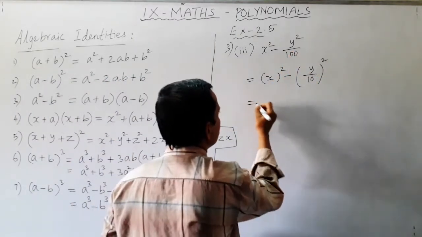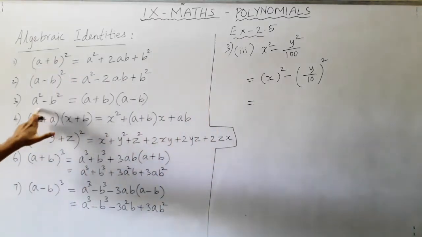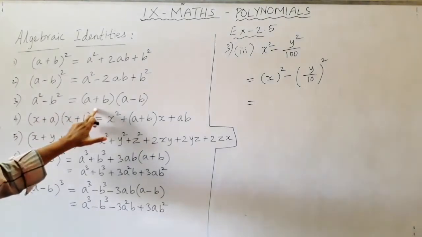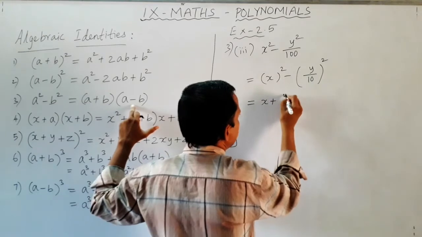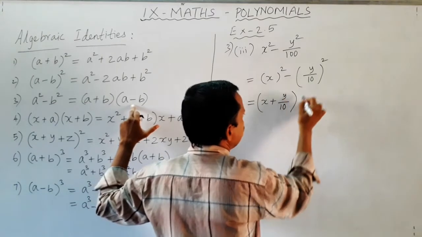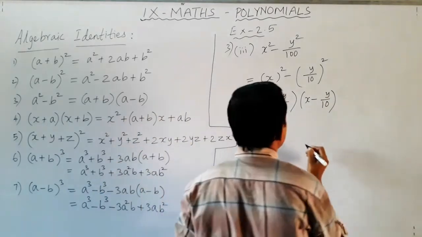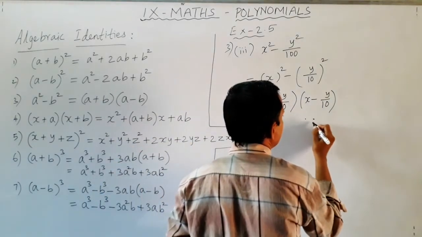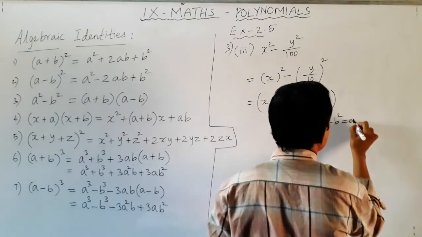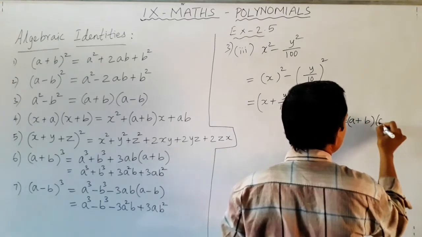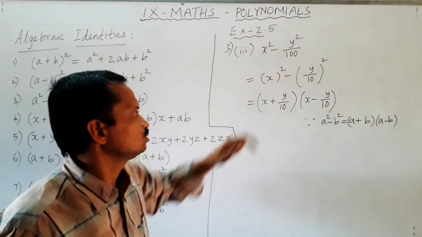And now, it is of the form a square minus b square, which is equal to (a plus b) into (a minus b). So, which identity is applicable here? Since we can write a square minus b square is equal to (a plus b) into (a minus b). So, this identity is easily applicable here. So, this is the answer.